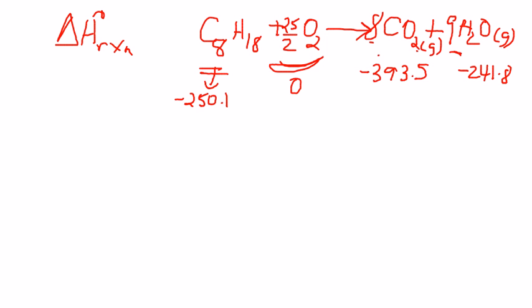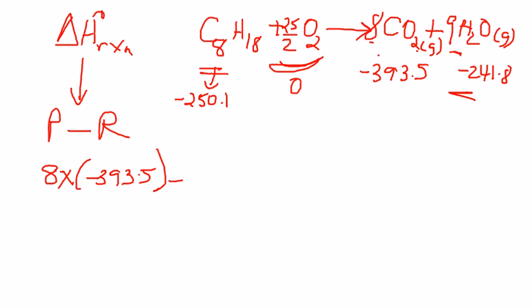So if I now use the same method that I have been utilizing, that you consolidate all the products together, and from that you subtract all the reactants, what we are doing is multiplying the number of moles of each of the products and each of the reactants, and then simply going products minus reactants. So you have 8 times negative 393.5 kilojoules plus 9 times negative 241.8 kilojoules.